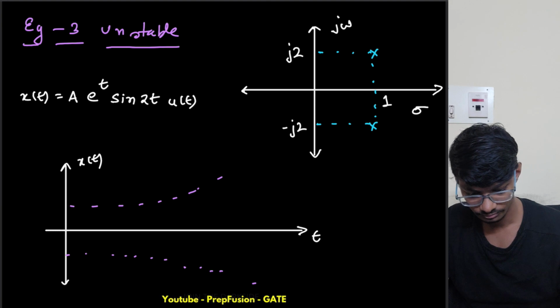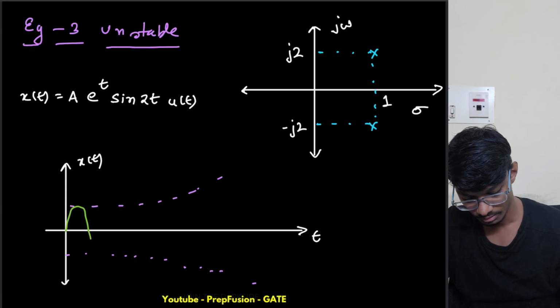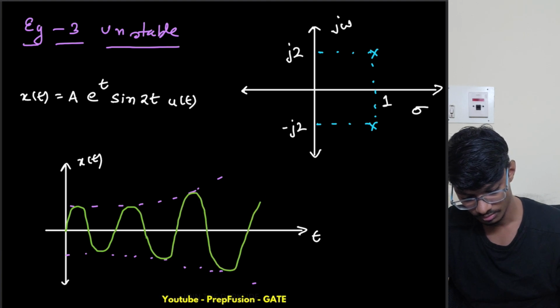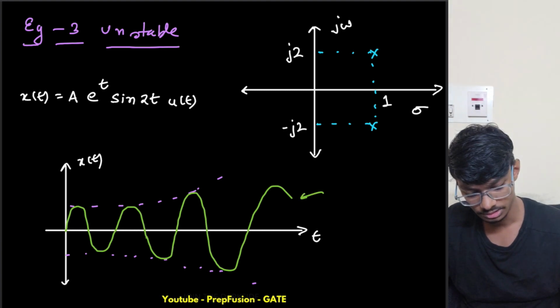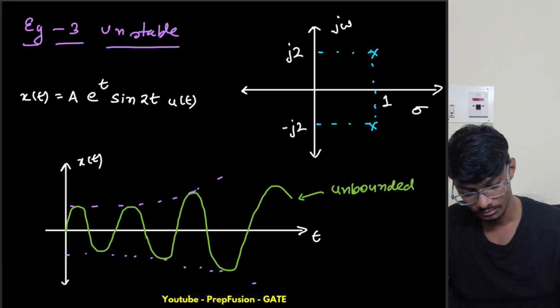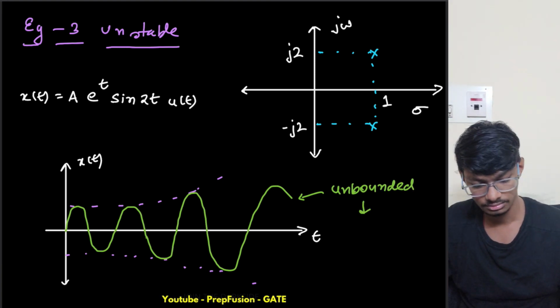So it will become unbounded, right? It will become unbounded. Okay, so the signal is becoming unbounded, hence it is unstable.